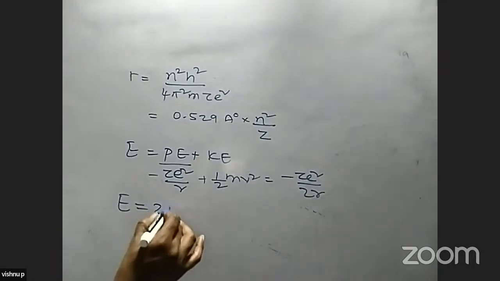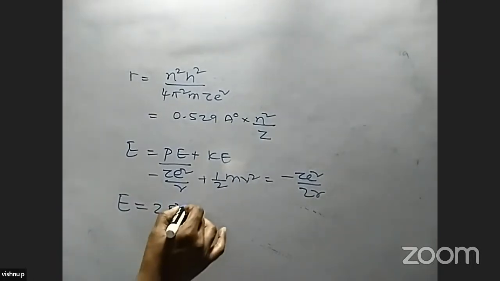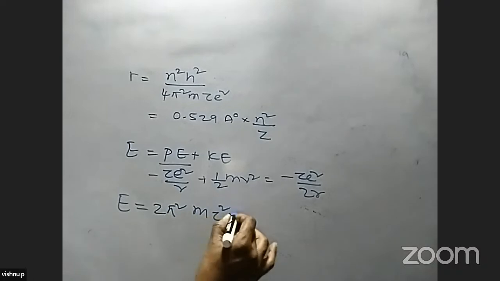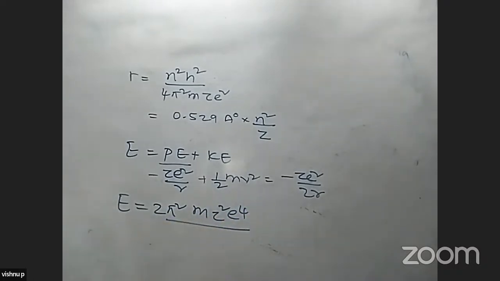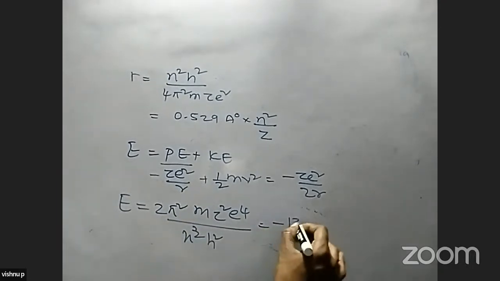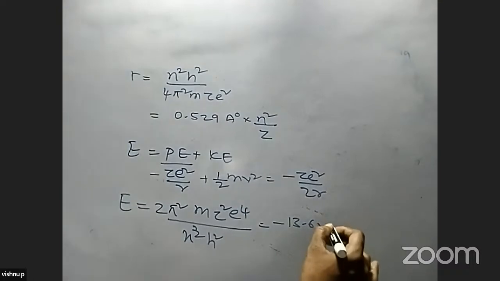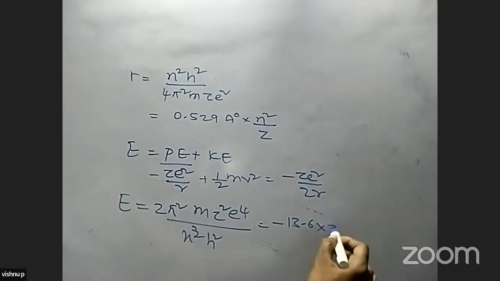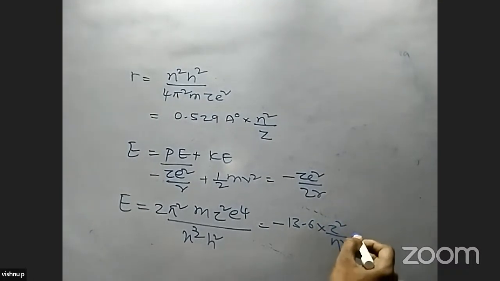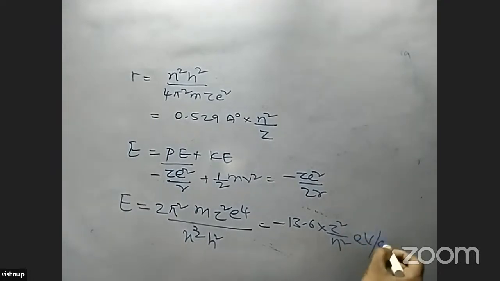From this we get energy equal to minus 2 pi square m z square e to the power of 4 by n square h square. If we use the values, we get minus 13.6 into z square by n square in electron volts per atom.